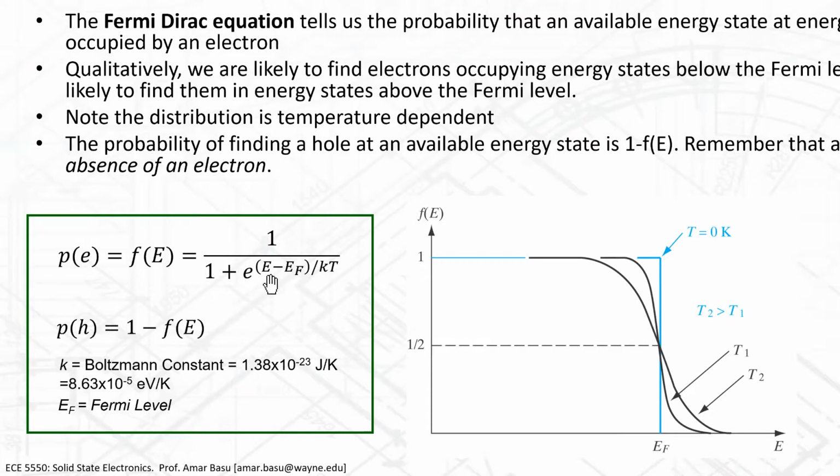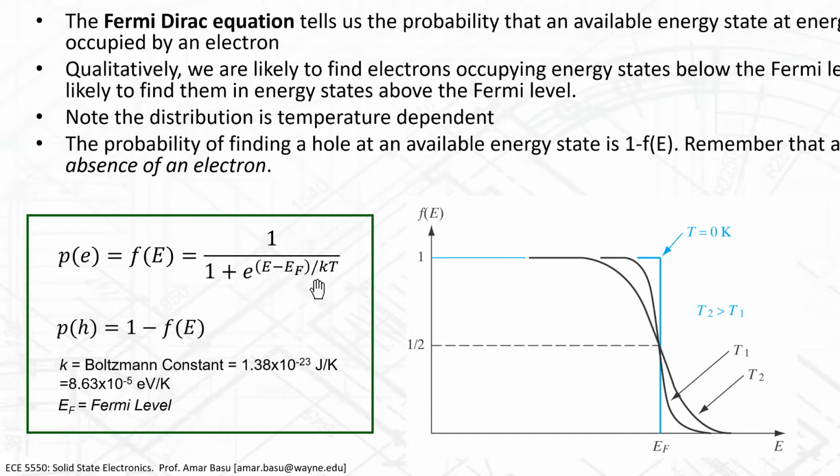What happens to this E minus EF term when E is very small? It's a large negative number, right? And what happens when you take the exponential of a large negative number? It'll be the reciprocal. So the exponential of a large negative number goes towards 0. So you end up with 1 over 1 plus 0, which is basically just 1.